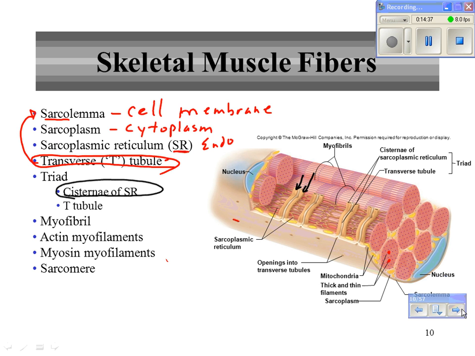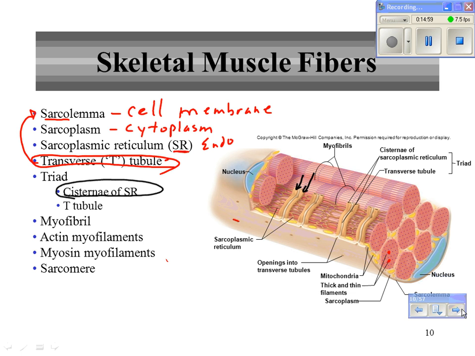They're part of the sarcoplasmic reticulum, but they're big holding tanks. A cistern is just a holding tank. Typically, cisterns we see on a farm hold water, or QuikTrip has cisterns that hold gasoline underneath the ground, so they're just big holding tanks. And these big holding tanks are part of the sarcoplasmic reticulum.